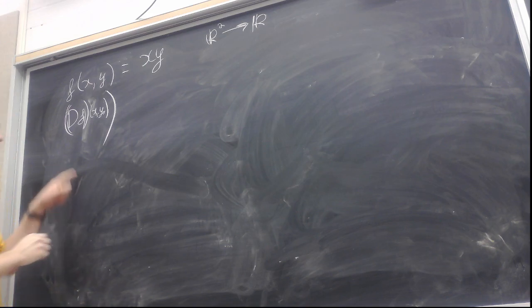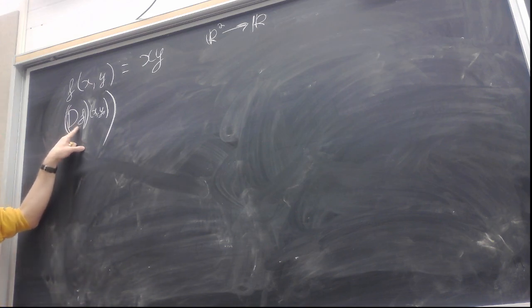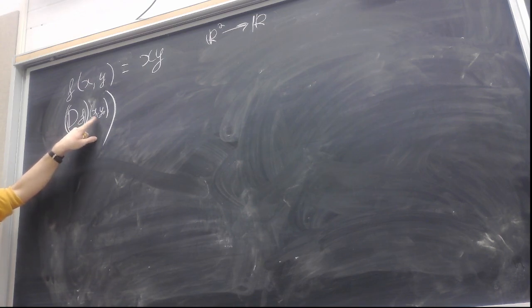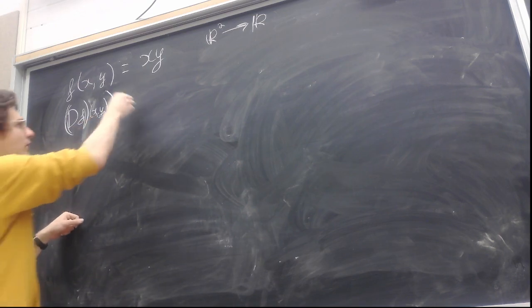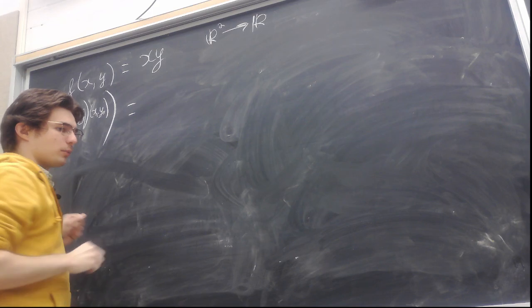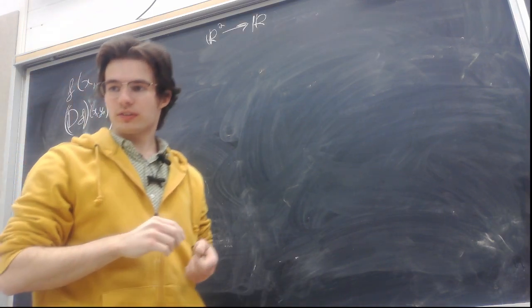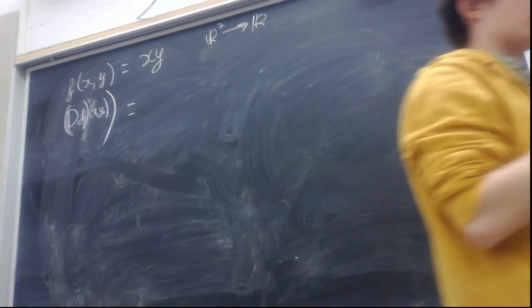So the derivative is some linear approximation, a matrix in our case. We're going to compute what this matrix looks like at the point x naught, y naught. What are the dimensions of this matrix? How many rows and how many columns? Don't say it out loud. Raise fingers for how many rows there are, so that other people have a chance to think about it.